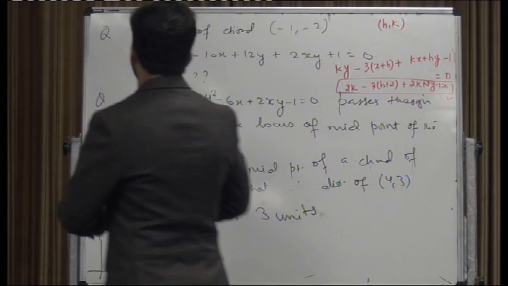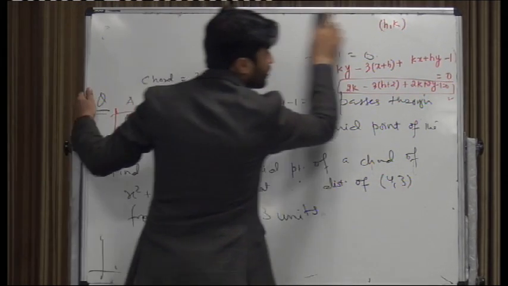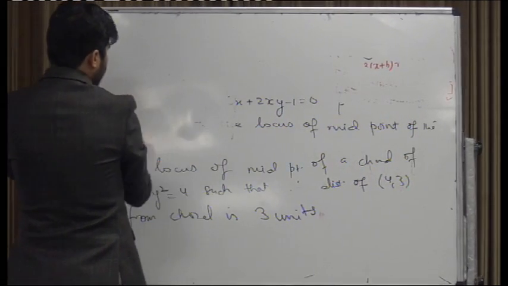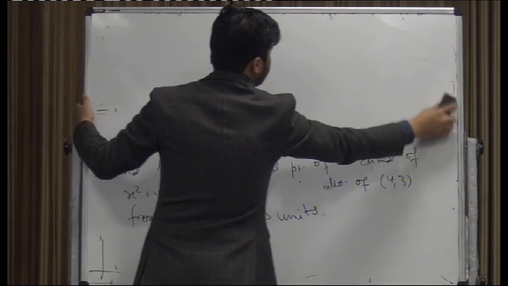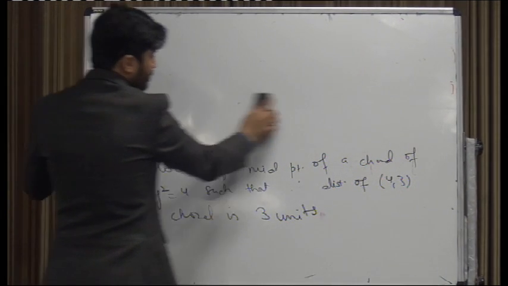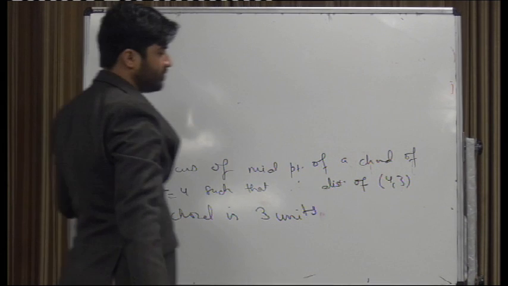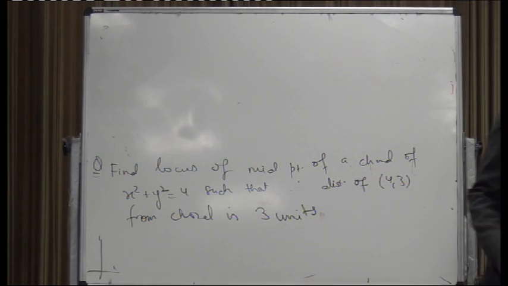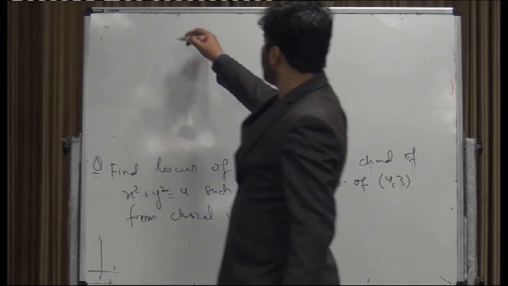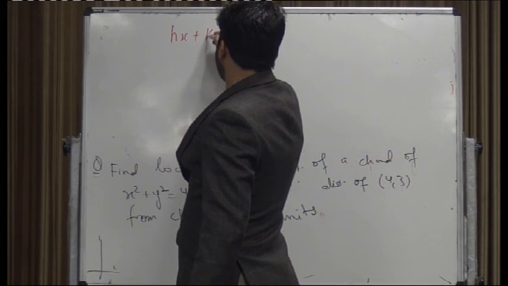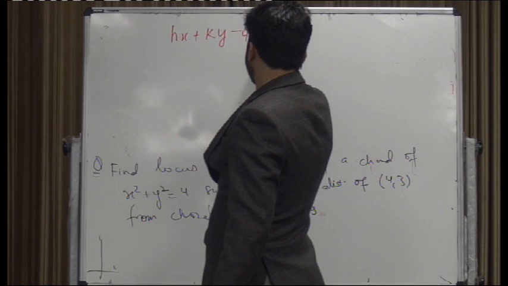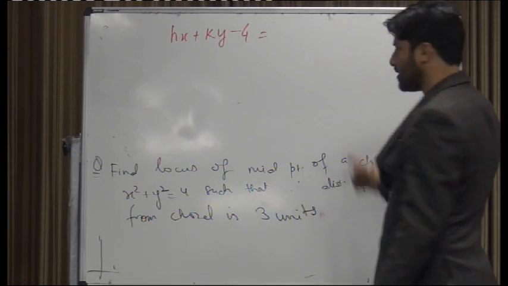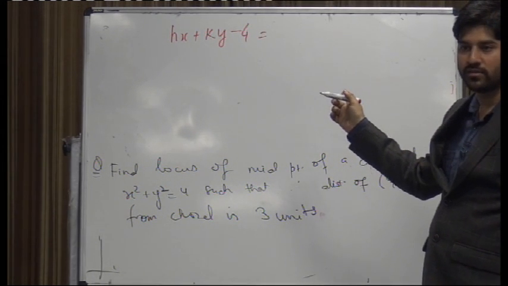H comma k. After you have taken h comma k, what will happen? What will you write? T is equal to S1. So T is equal to S1 would turn out to be finally hx plus ky minus 4. Achha, in the last question we took S1, we missed something, right.